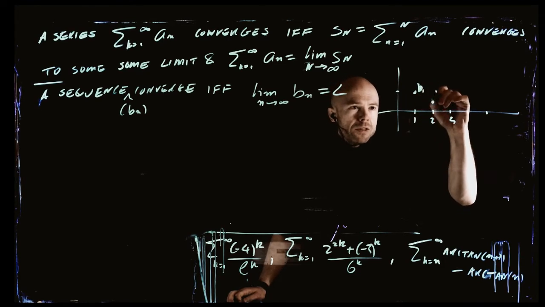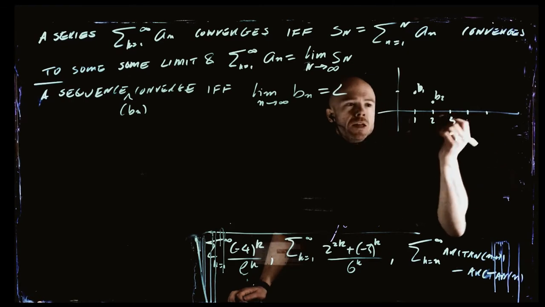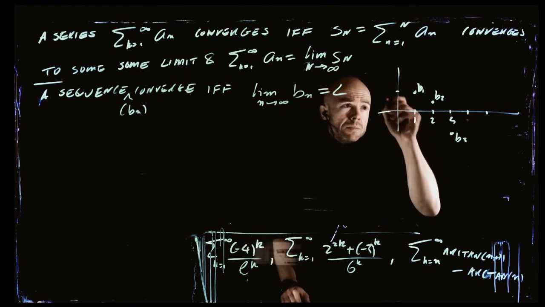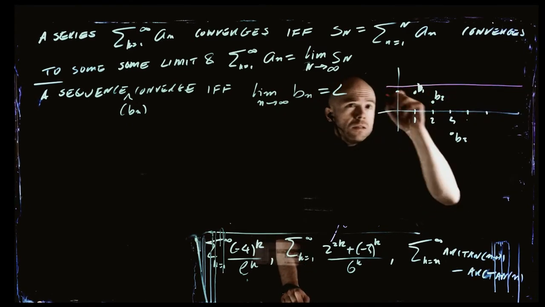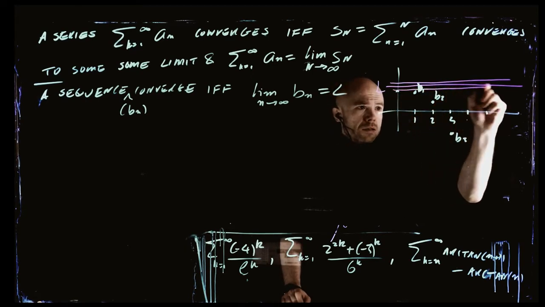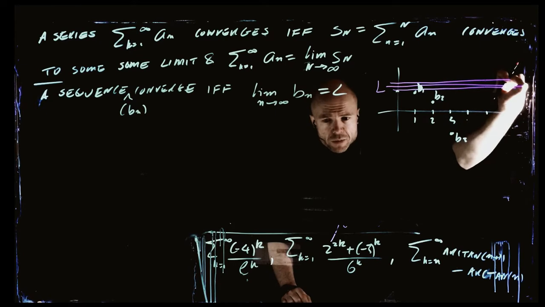This is b_1, this would be b_2, this could be b_3, and so on. A sequence converges means that there is some number L, whatever it is, such that if we put any thickness around L, for all sufficiently large n, all the elements of the sequence are trapped within this. That's what it means.